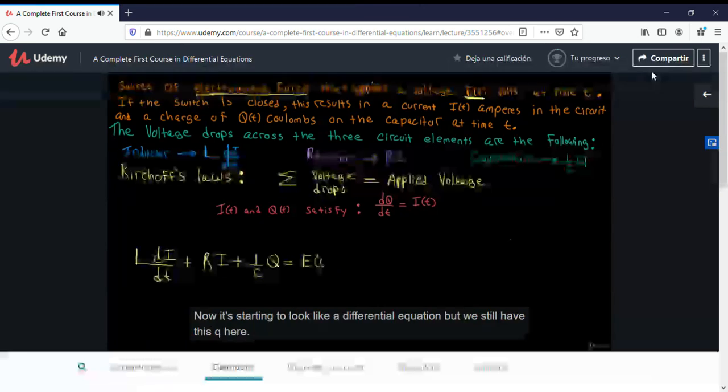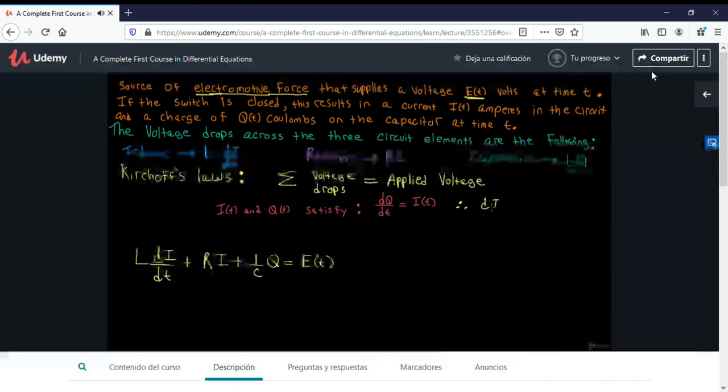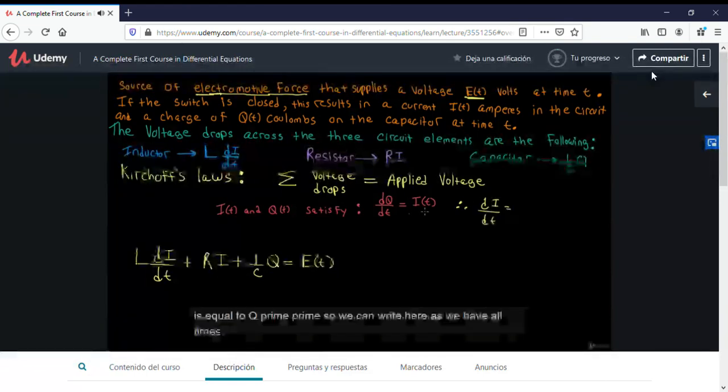Okay, so now it's starting to look like a differential equation, but we still have this Q here. Now the derivative of Q is equal to I, and therefore the derivative of I is equal to Q double prime.